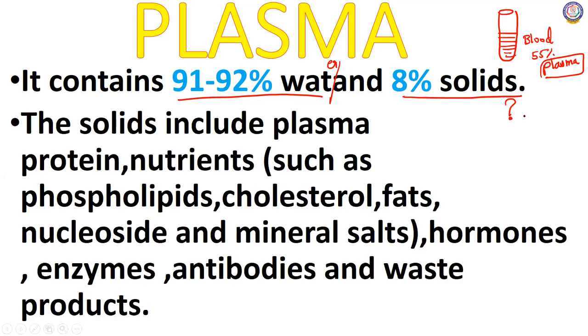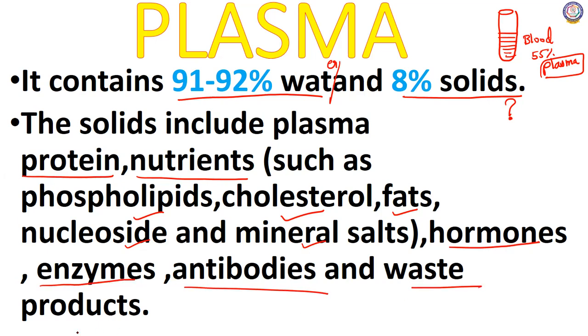That we are going to see. The solids include plasma protein, nutrients such as phospholipid, cholesterol, fats, nucleoside, and mineral salts. Apart from that, hormones, enzymes, antibodies, and waste products. These are all solid constituents. So how many percentage is it? 8 percentage, right? This is also a one mark type question.